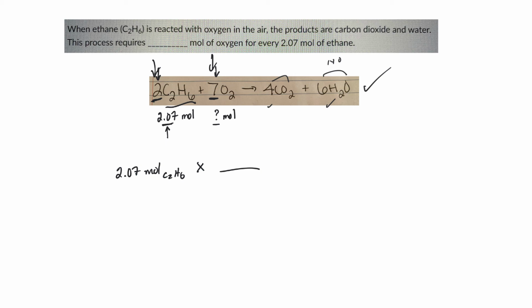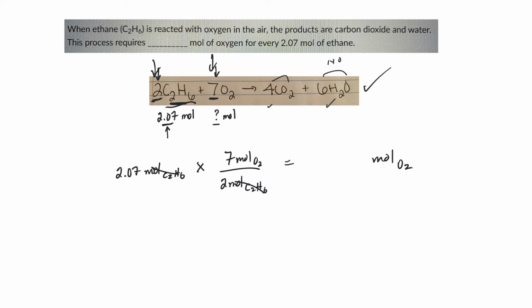I want to cancel out the moles of ethane, so I'm going to put that one on the bottom. So 2 moles of ethane react with 7 moles of oxygen. So this can cancel with this, so I'm left with moles of oxygen, which is what the question is looking for. And now I just have to multiply that.